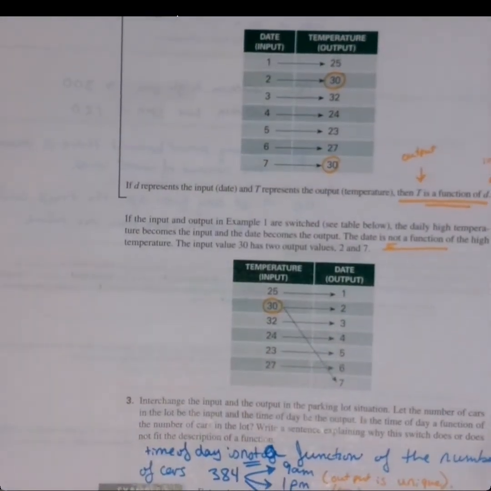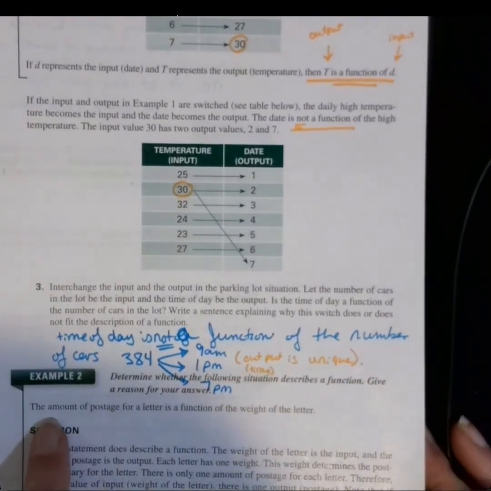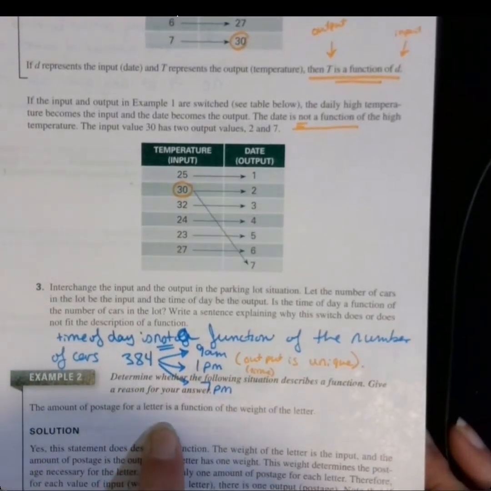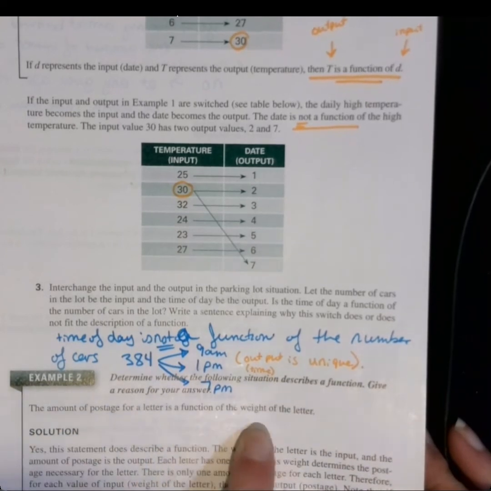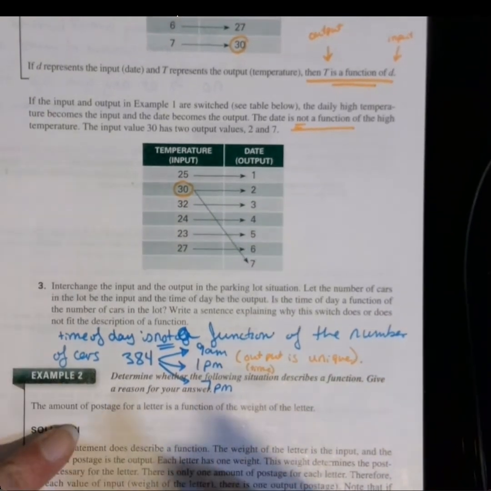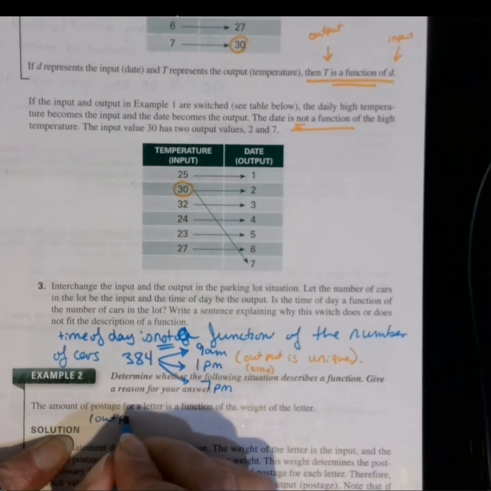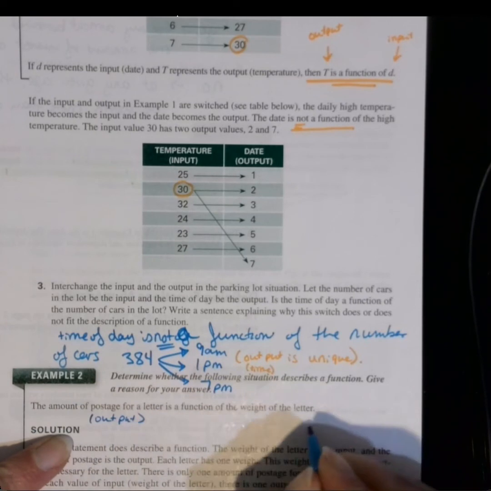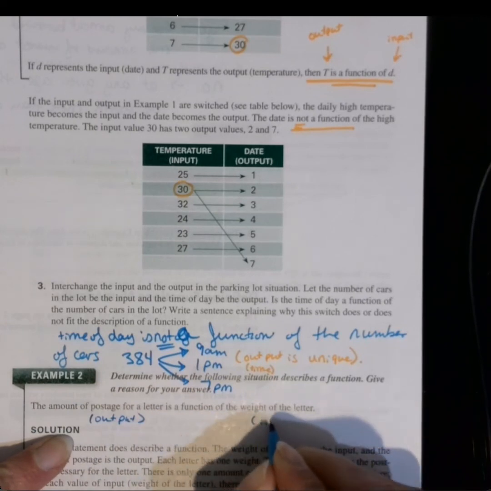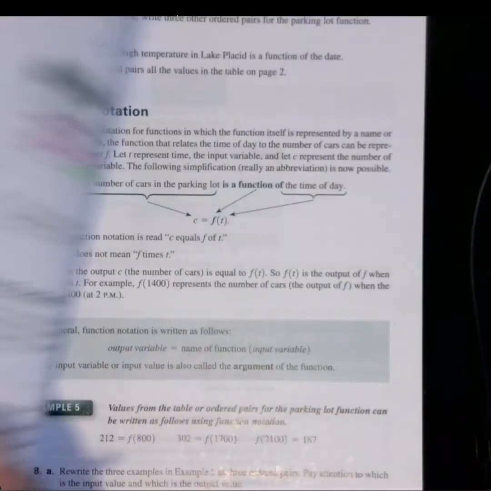Example 2 down here is about the amount of postage for a letter is a function of the weight of the letter. So remember that the amount of postage is a function. That means that this one is our output, is a function of the weight of the letter. So this one is our input. So once I identify the independent and the dependent, the independent is going to be our input. That's going to be the weight of the letter.